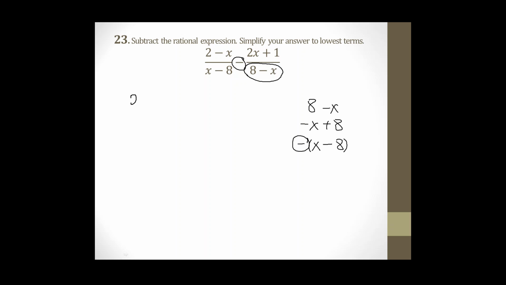So I'm going to rewrite my problem just by doing this, instead of having to do it the long way. X minus 8, and this should also be an x minus 8, but I can combine it. So if I write it like this, then the fraction bar should not be completed.